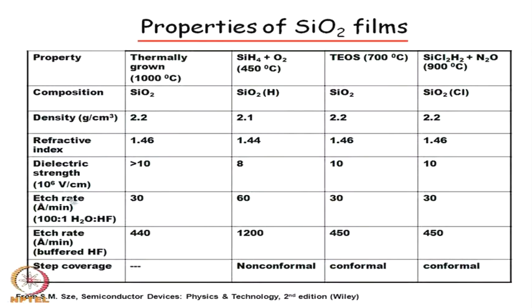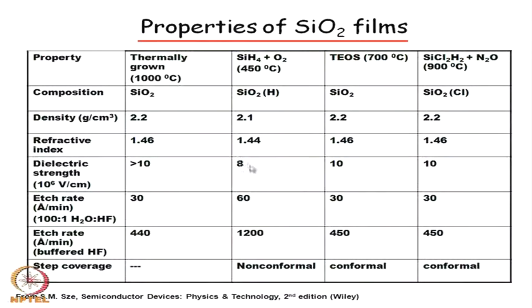Now, if we come to the dielectric strength, which is measured at 10 to the power 6 volt per centimeter, then we see that thermally grown oxide has the superiority, the dielectric strength is greater than 10, and the lowest one is obtained in case of silane oxygen reaction, which is 8.